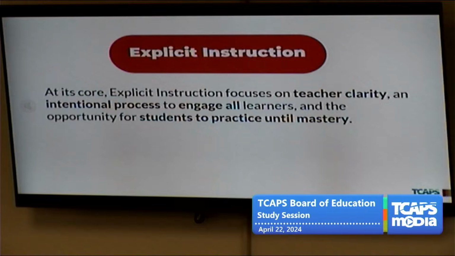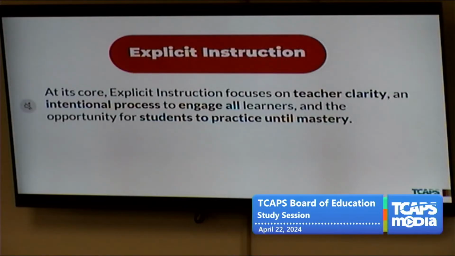Along with that is this very intentional process to engage all learners. So again, Archer would say that for kind of low-level recall tasks, there should be 3 to 5 opportunities for kids to engage in learning per minute. Per minute. Now, that can take lots of different forms, but for a teacher, that means you stop asking questions that allow kids to raise hands.